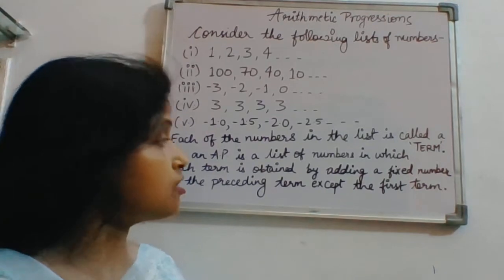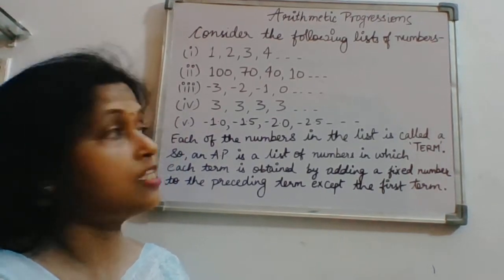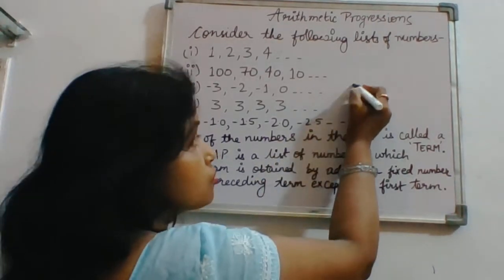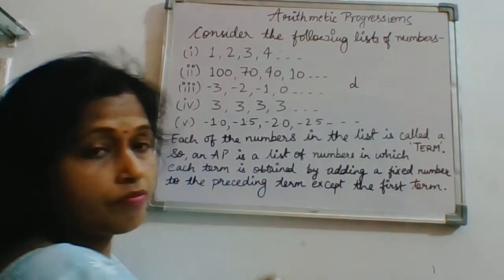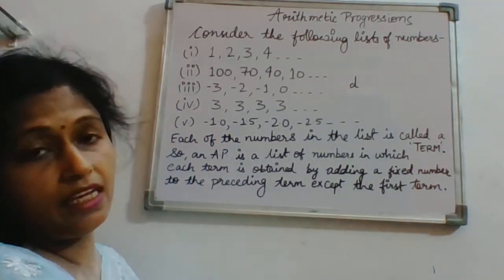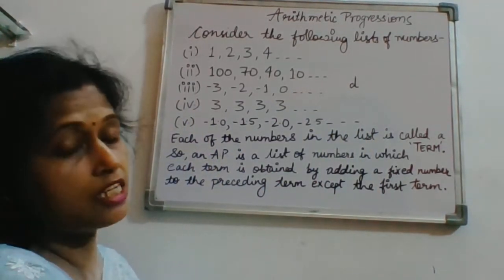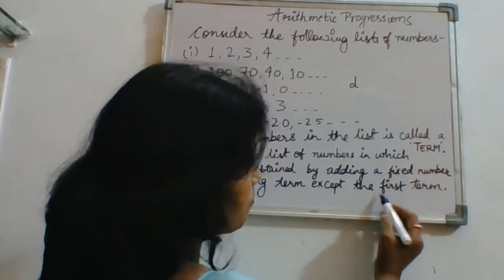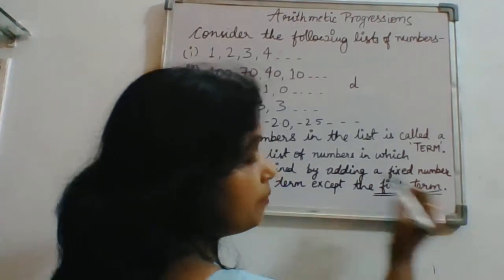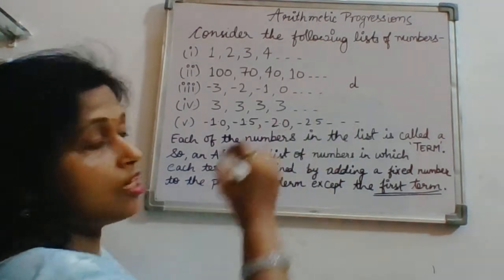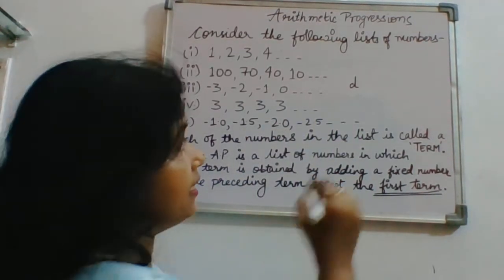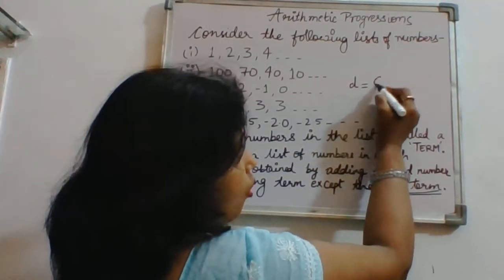Okay, and this fixed number is denoted by small d. So this d is the fixed number which is added to the preceding term, and it is known as your common difference.